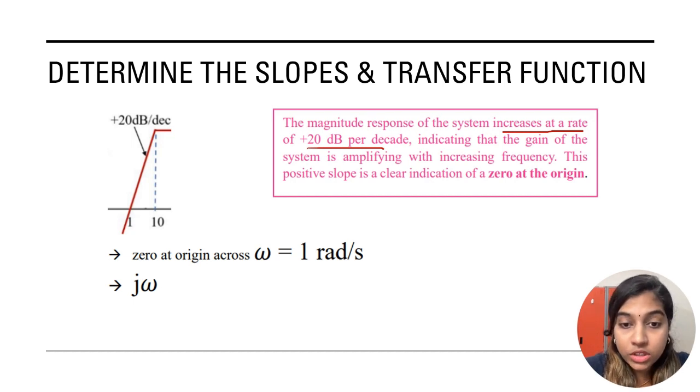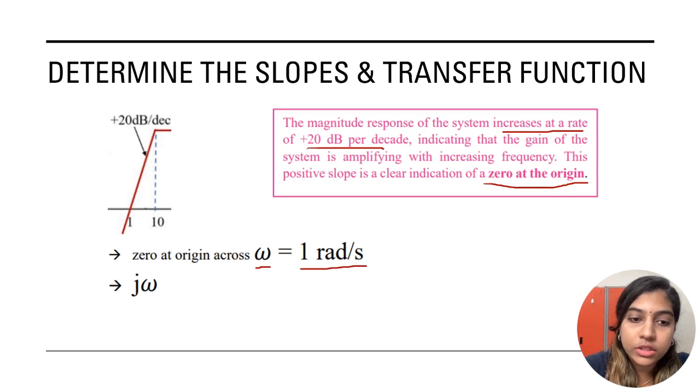So this positive slope is a clear indication of a 0 at the origin. So when it's a 0 at the origin, we can write omega equals 1 radian per second, because this is where it starts. So hence we can write j omega.